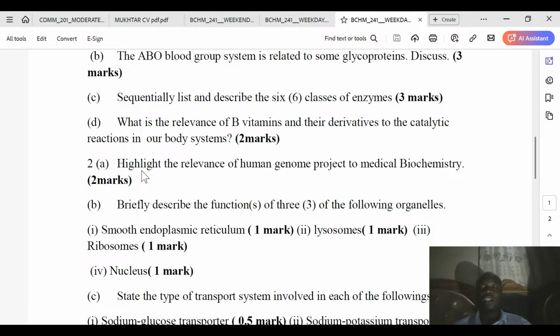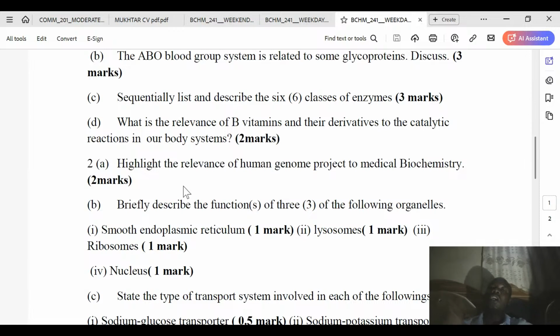Question 1D says, what is the relevance of B vitamins and their derivatives to catalytic reactions in our body systems? So generally, ladies and gentlemen, if you can remember, we have talked about enzymes.